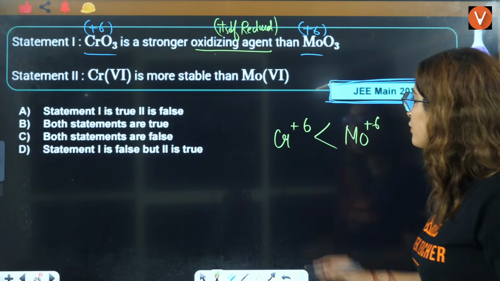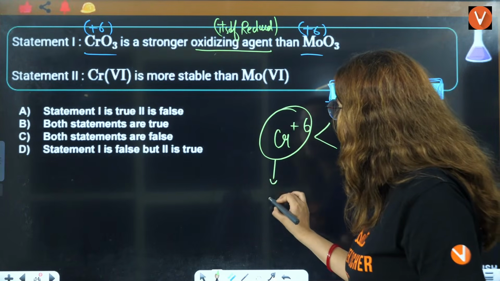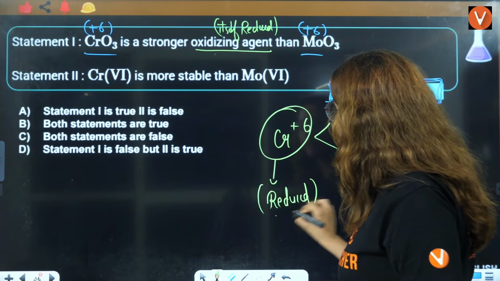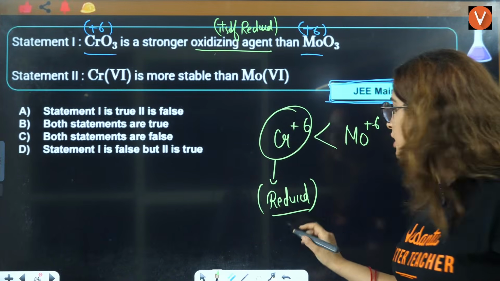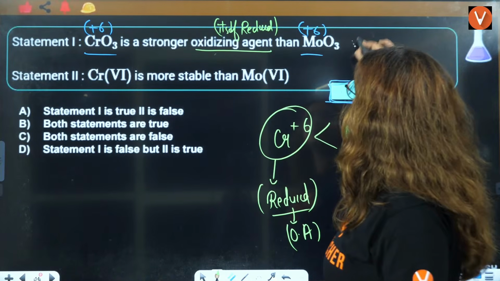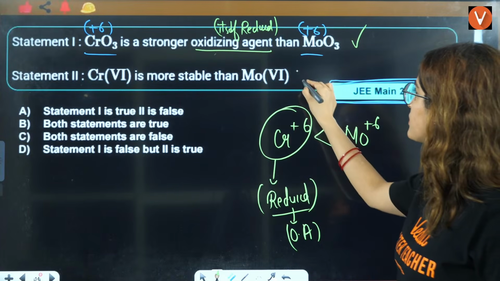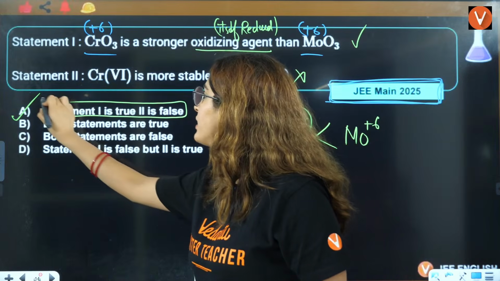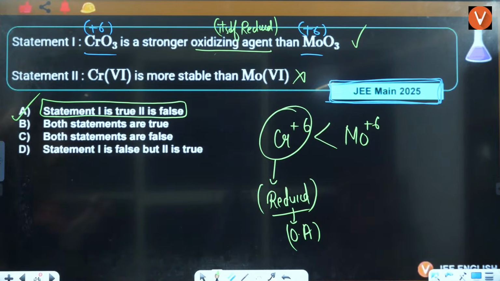But Cr is not stable in +6, so it would want to get reduced, right? So we can say this is a stronger oxidizing agent, right? That is true. Next, Mo is more stable? No, Mo is less stable. Sorry, Cr is less stable, so the second statement is false, right? So statement 1 is true, statement 2 is false. So A is the correct answer here, right?